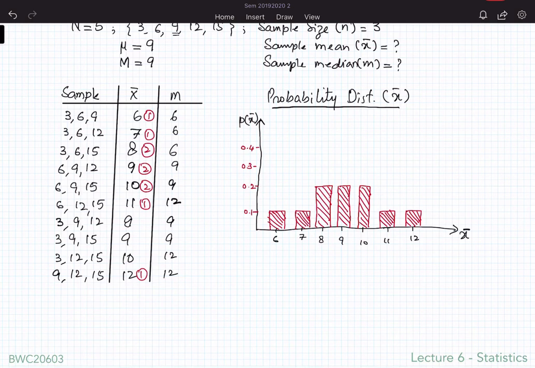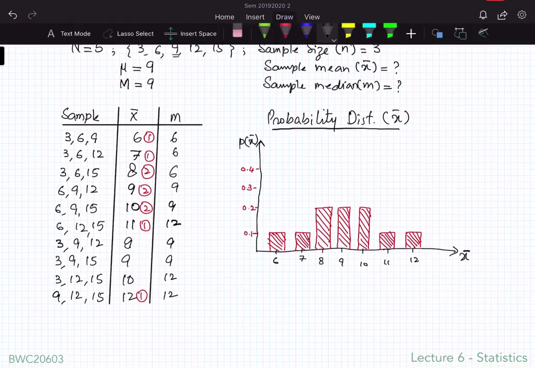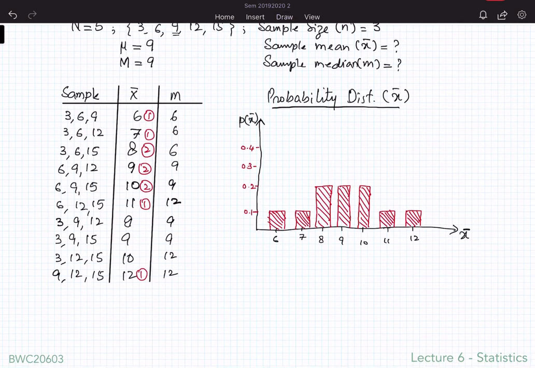I leave the probability distribution of the median to you, so you can plot that distribution yourself. Count each of those medians and then divide them by 10, because there are a total of 10 combinations or 10 samples, and you will find the probability for each. I can count here for you, and then you can plot it. 6 is appearing 3 times, so 6 is 3. 9 is appearing 4 times, and 12 is 3 times.